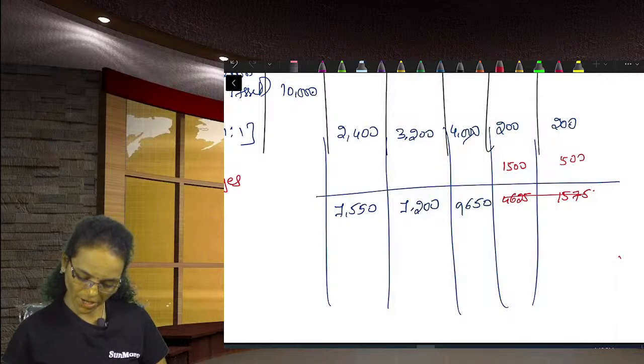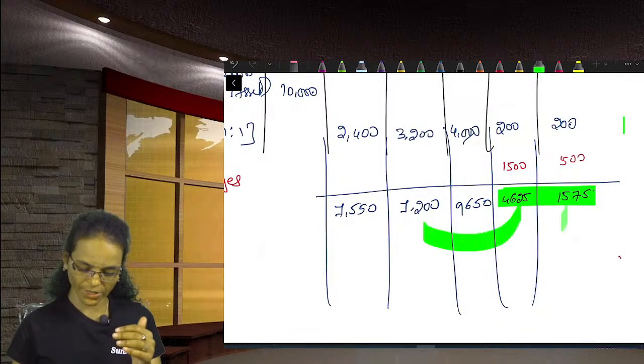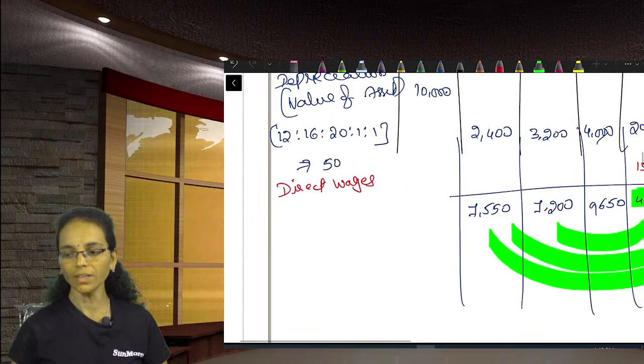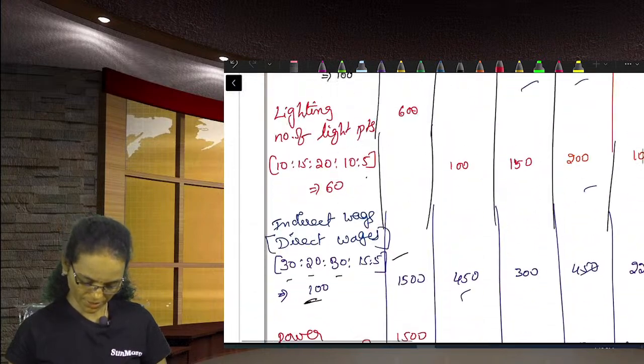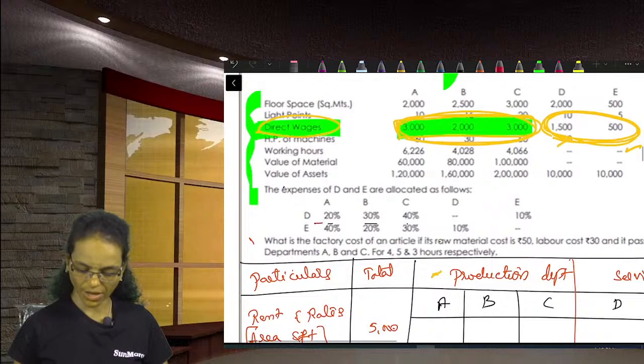Now these two departments' cost will be allocated to production departments under repeated distribution method. That's what he asked here in the question, or else it is directly understandable.